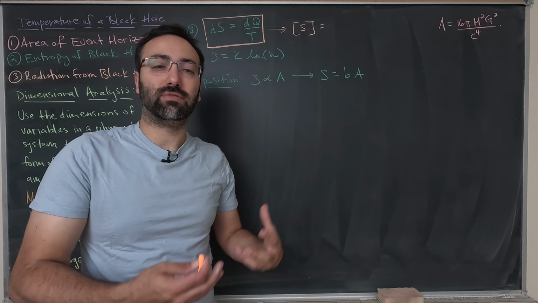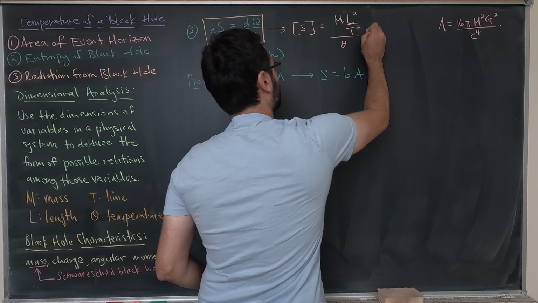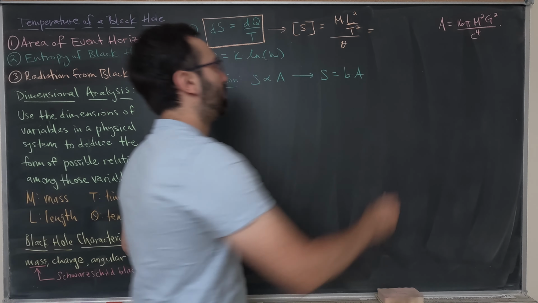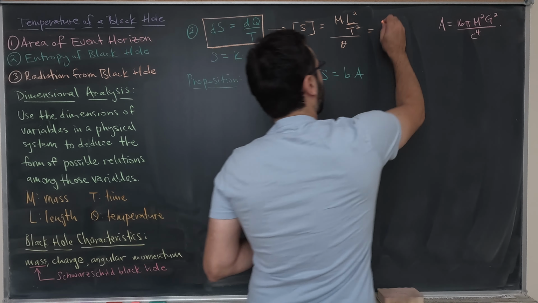So that means energy, or heat, has dimensions of mass times length squared divided by time squared. And then we're dividing by temperature. So the dimensions of entropy are nothing more than mL squared divided by theta times T squared.